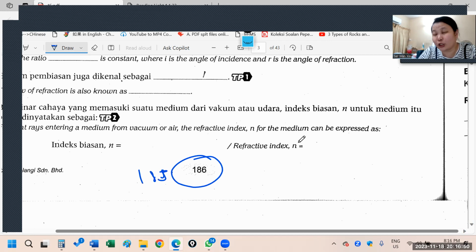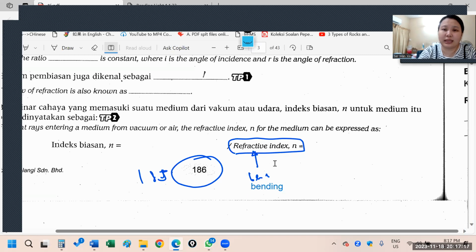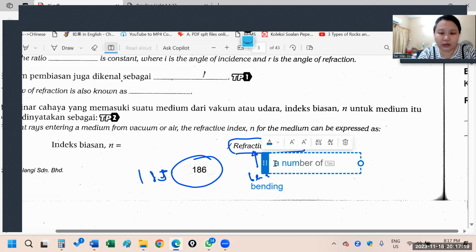Okay, so how much will it bend? It depends on the refractive index. Still remember what is refraction? Bending. But we don't use the word bending, we use the word refraction. So how much will it bend? We look at the refractive index. Index means a number to refer.